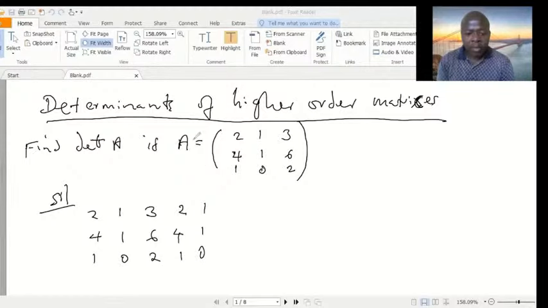So the question was to find the determinant of this matrix. Identify the 3 diagonals. This is a diagonal. There's this other diagonal. And there's this other diagonal.